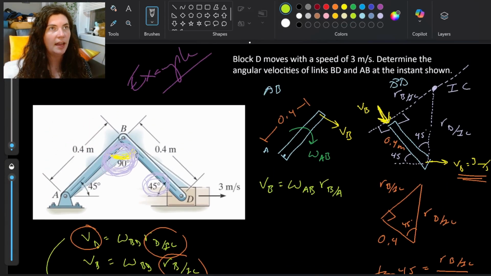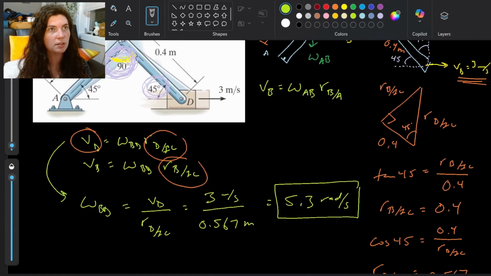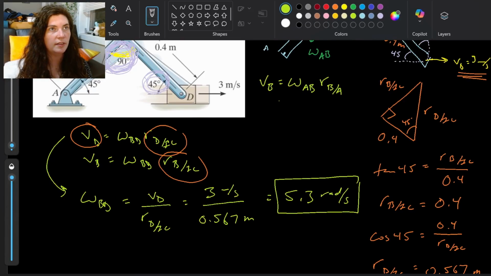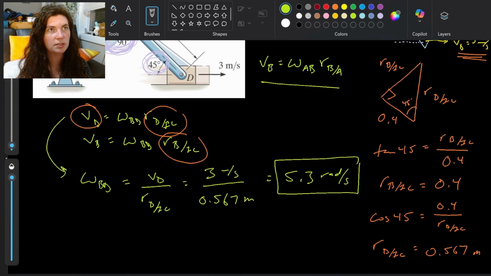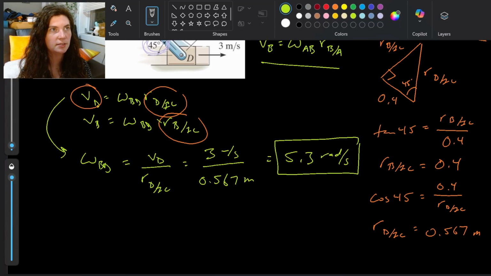Now that I have that, the other thing I'm looking for is the angular velocity of AB. I've got this relationship up here where if I can find V_B, I can plug it into this relationship to find omega_AB. And thankfully, now with this, I can plug it in here.